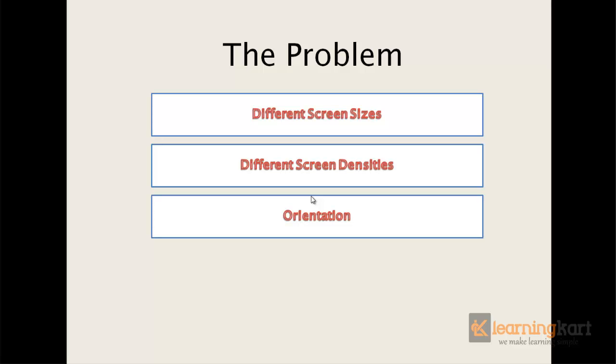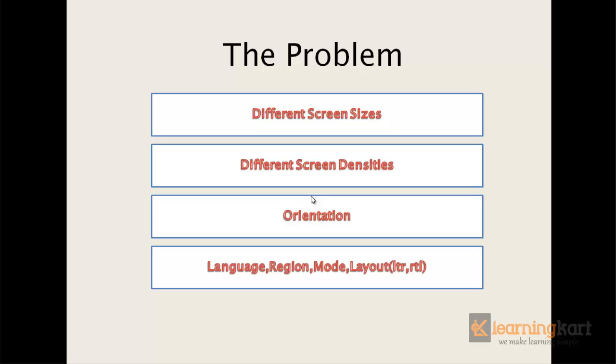So all these kinds of things you can keep in mind when you're designing your app, so that accordingly you can place your resources, you can design your layout so that it suits the kind of devices that you are programming for.